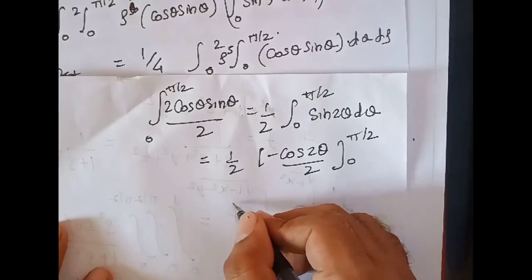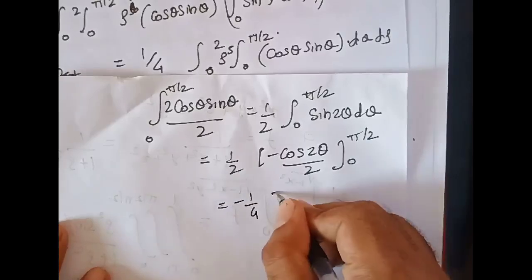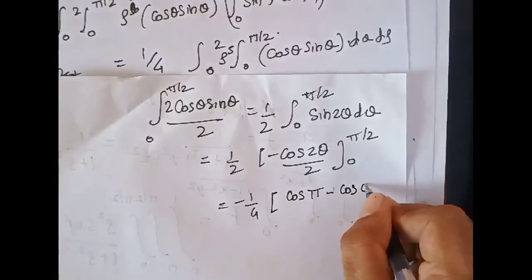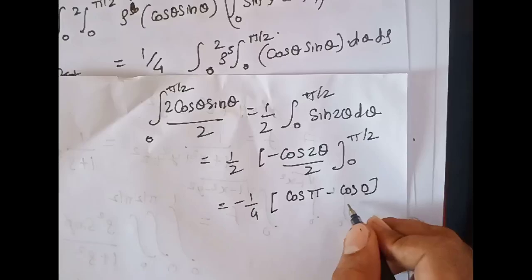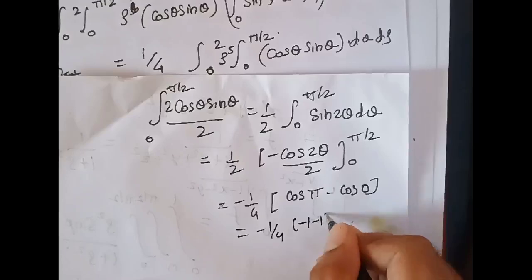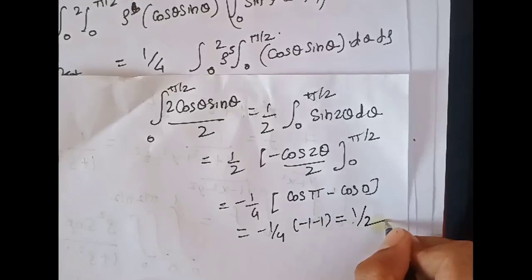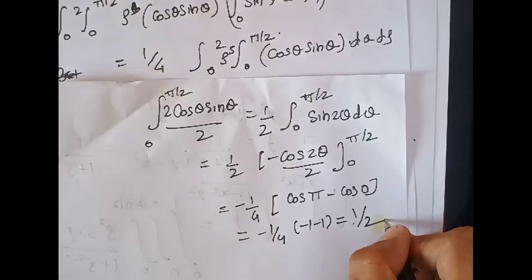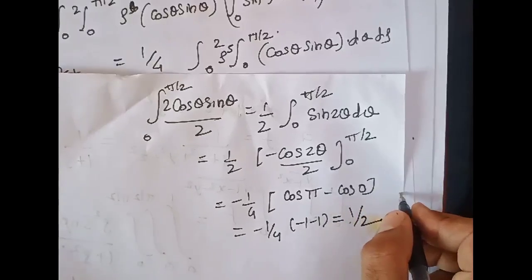That is finally equal to minus 1 by 4 times cos pi minus cos 0, which is minus 1 by 4 times minus 1 minus 1. So the total is half, upper limit minus lower limit.